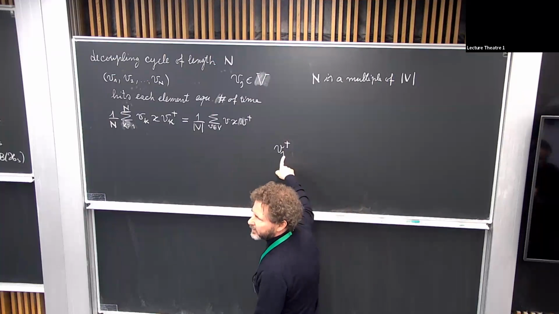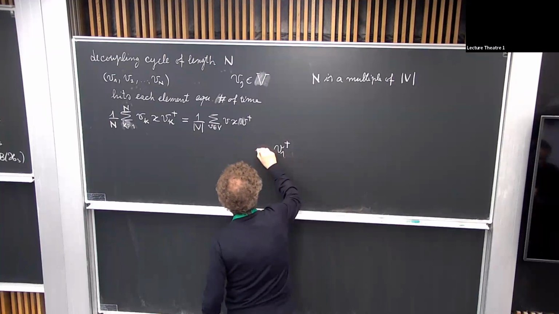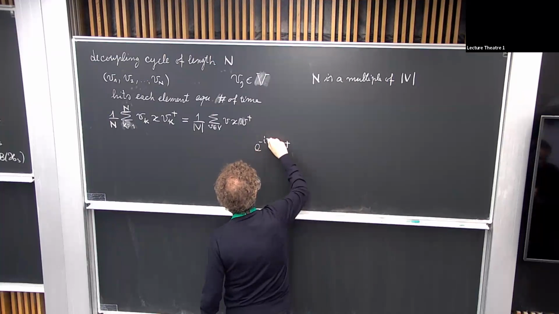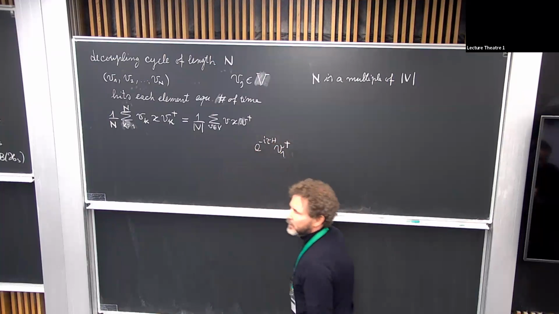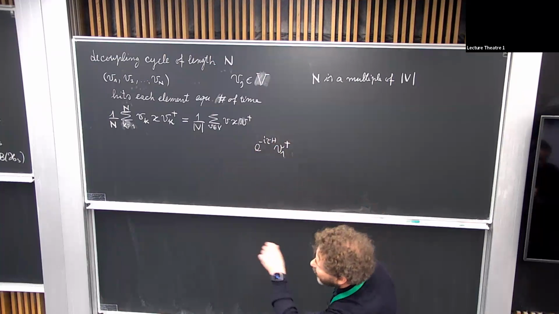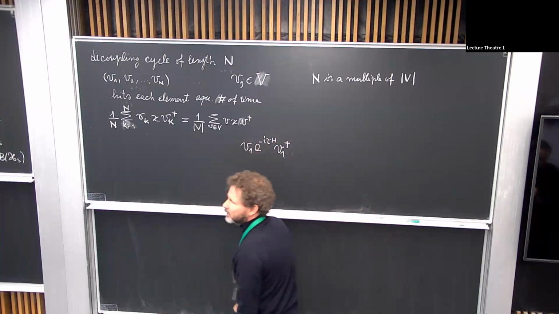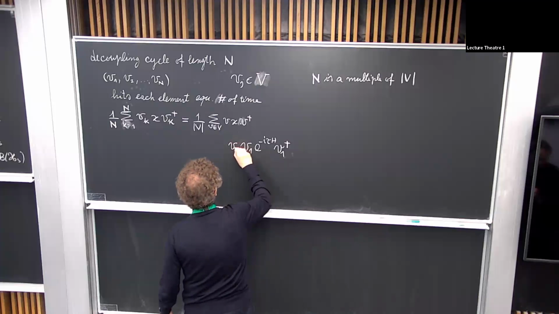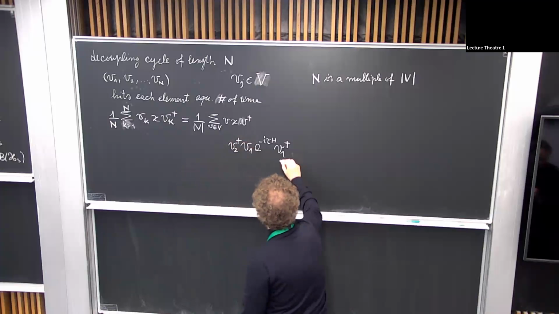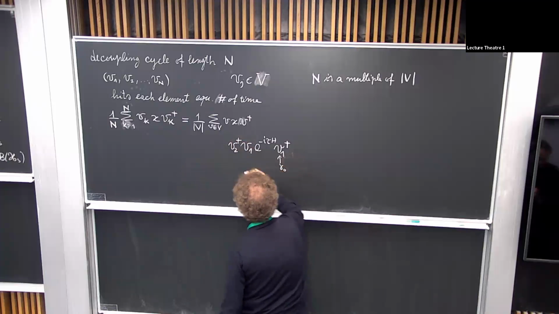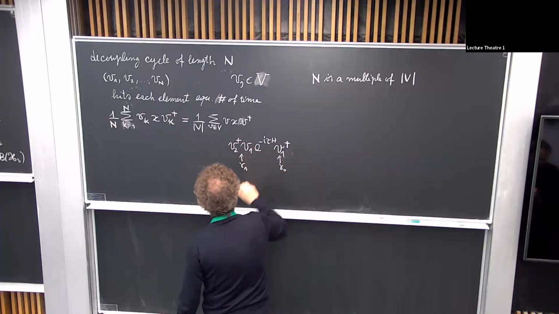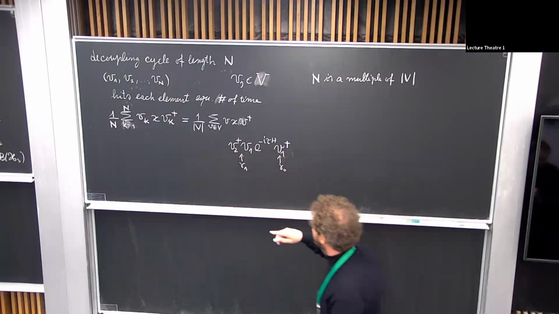This should be gamma 0. Then I have free evolution, tau H. The second pulse, gamma 1, should be V1 V2 dagger. So this is gamma 0, this is gamma 1, and then free evolution.